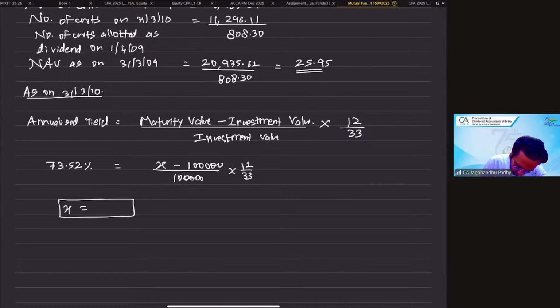So can you just solve it and give me the value of X?